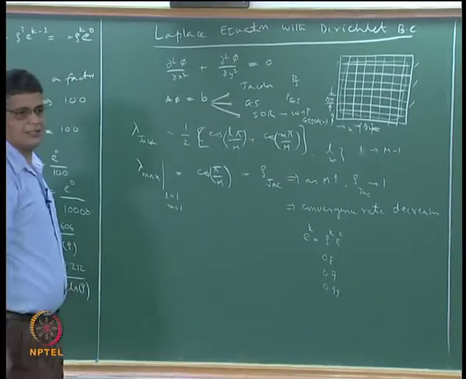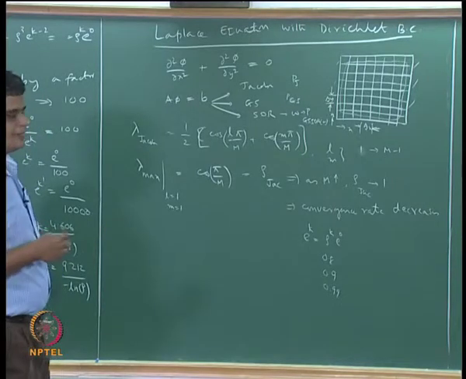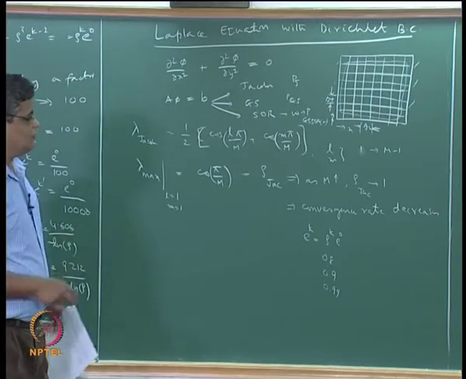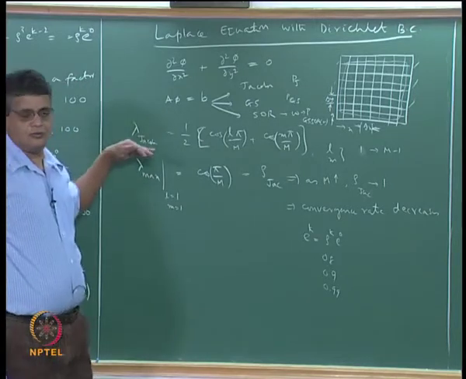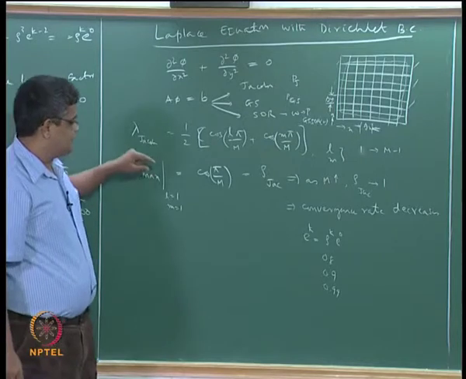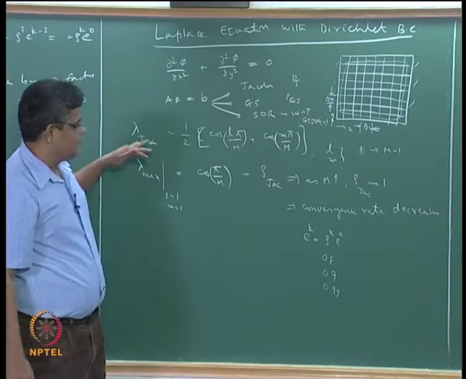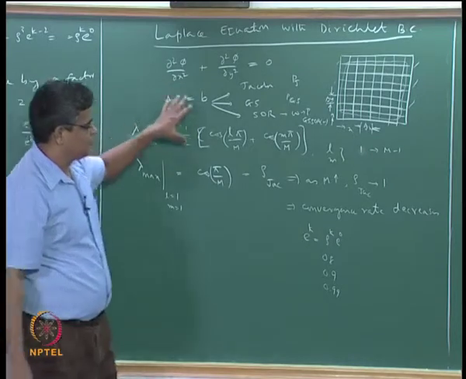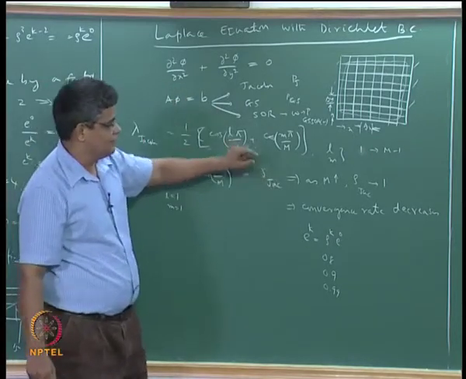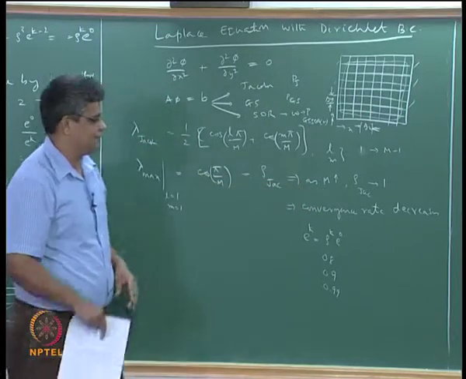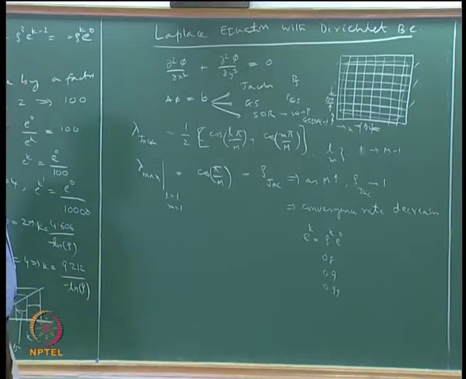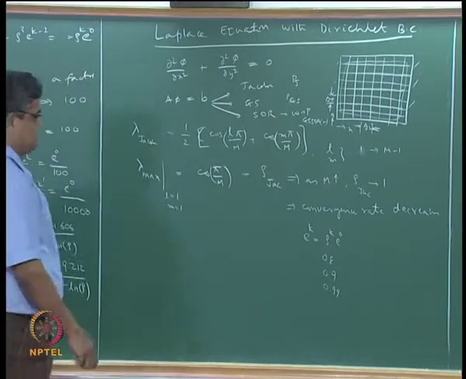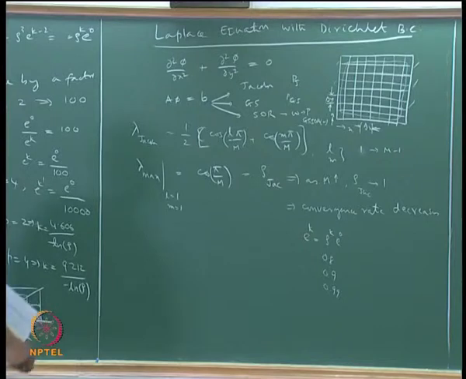So this is something we have to pay as a penalty when we go to larger and larger grids, of not only the number of multiplications that are required. The number of multiplications in this remains the same, but the rate of convergence will be decreasing. So that is one of the factors that we have to consider, and we also have to do it for more and more rows here.